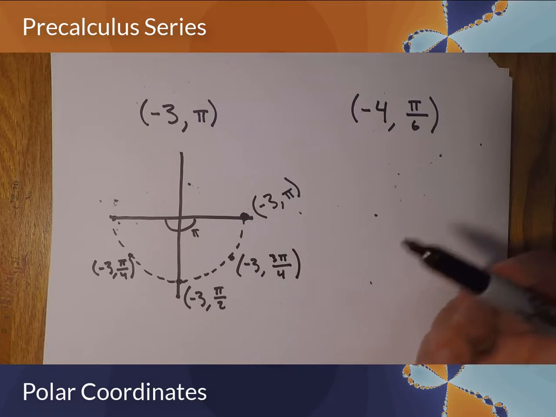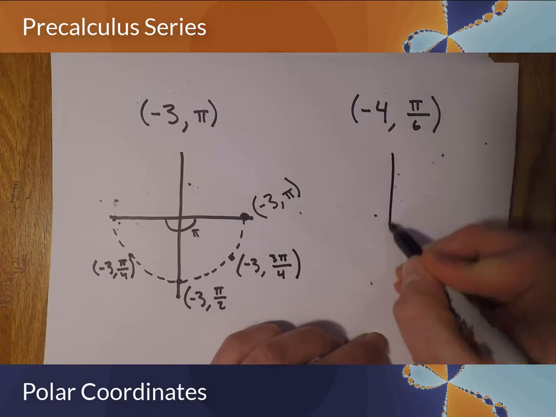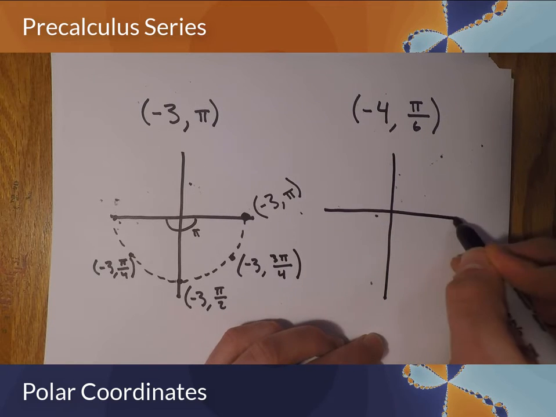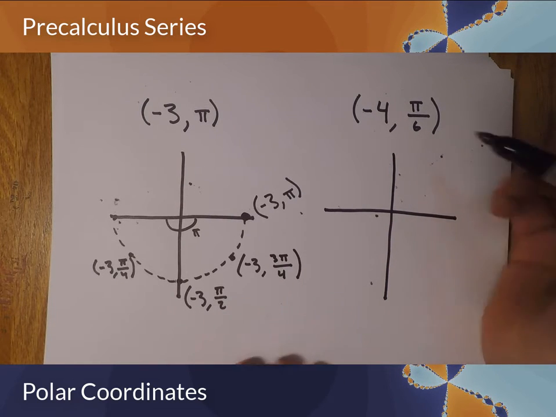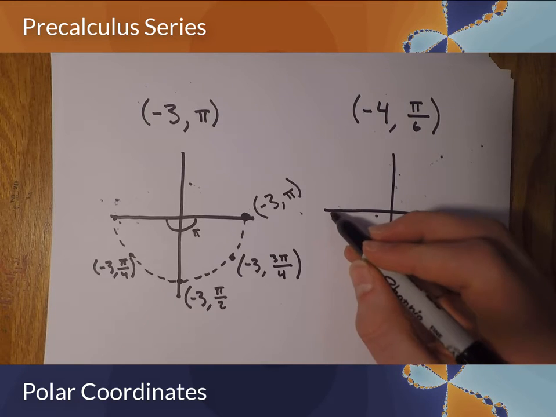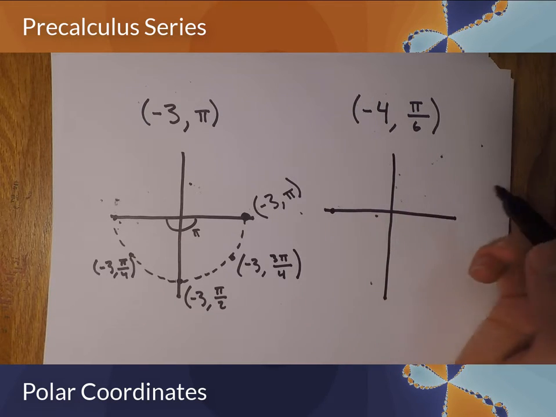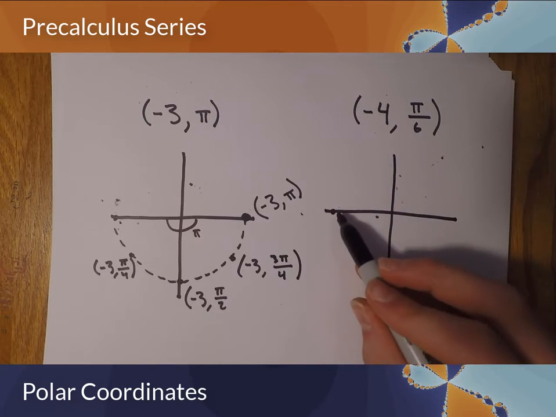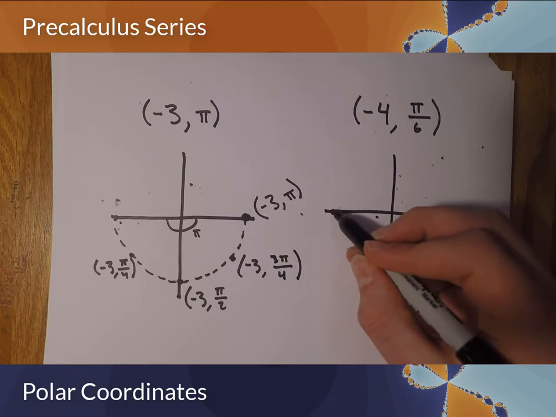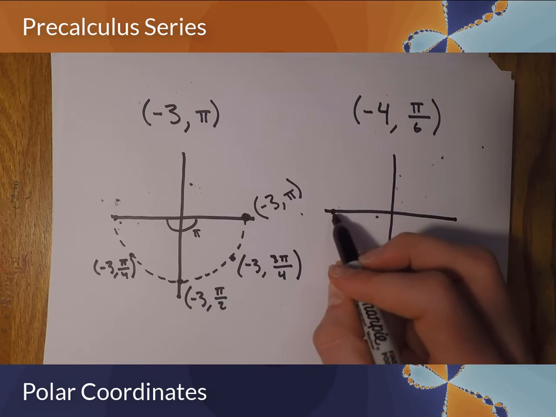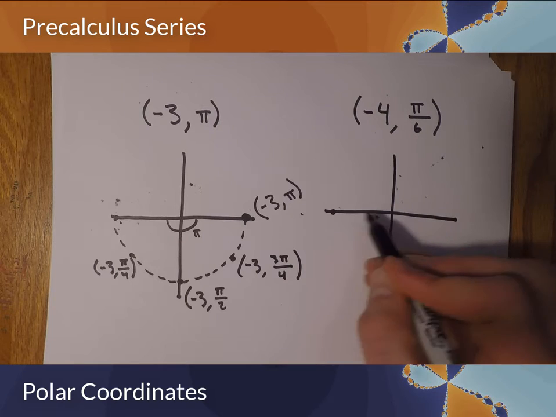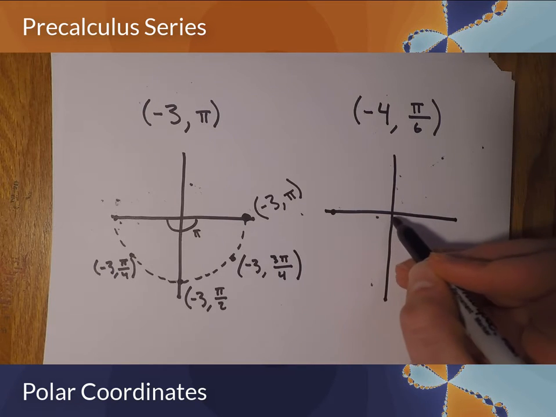All right, so the same idea can be applied with -4, pi over 6. So first you got to go over 4, so -4, right? So you go over to the left and not to the right. So -4 over, and then from this line here, you go around the circle pi over 6.